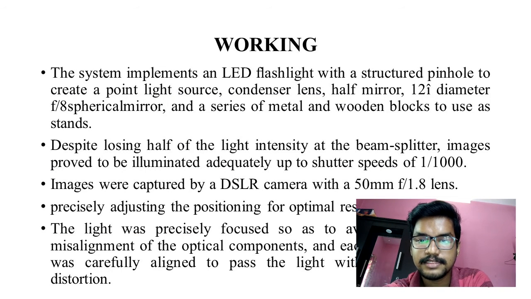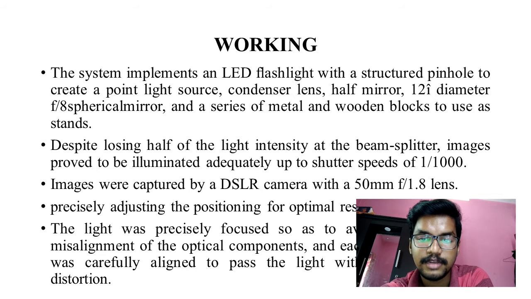The system implements an LED light source with a structural pinhole to create a point light source, a condenser lens, a half mirror, a 12-inch diameter spherical mirror, and a series of metal and wooden blocks used as stands. Despite losing half of the light intensity at the beam splitter, images proved to be illuminated adequately up to a shutter speed of 1/1000.